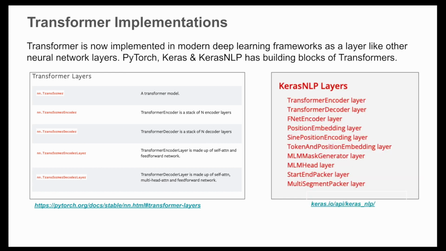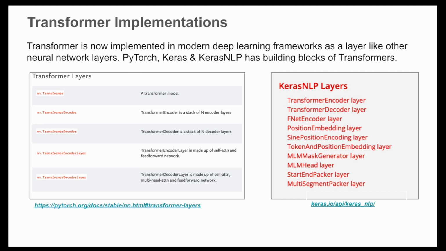And also Keras NLP, like we said, has many building blocks of transformers, from the transformer encoder, decoder, positional embedding, sinusoidal positional encoding, and start-end packer layer, multi-segment packer layer, multi-head attention layer.